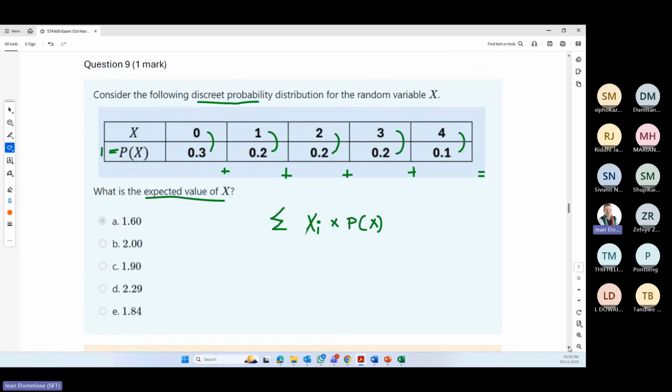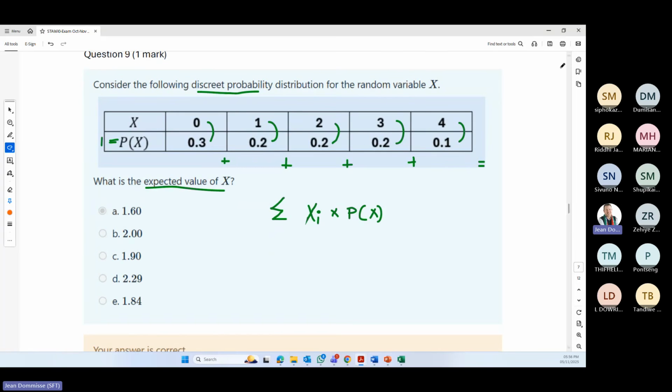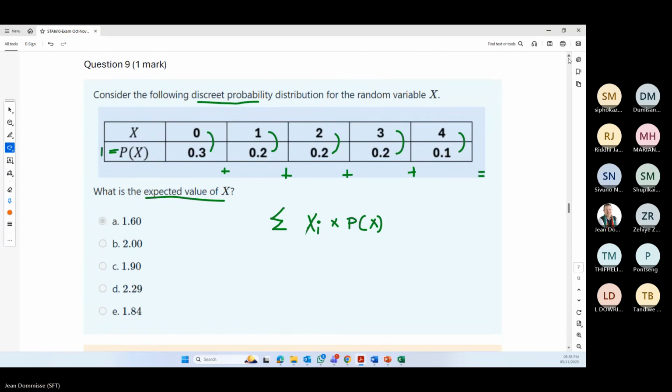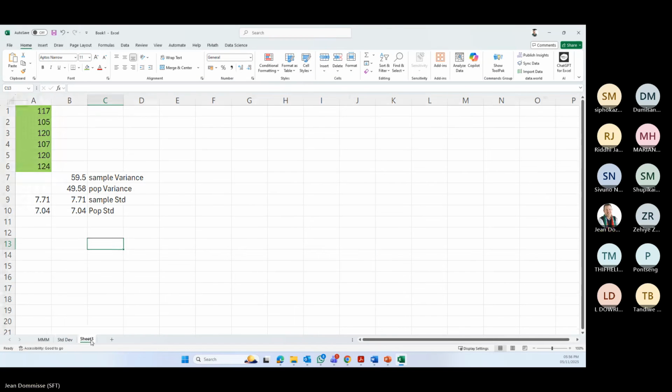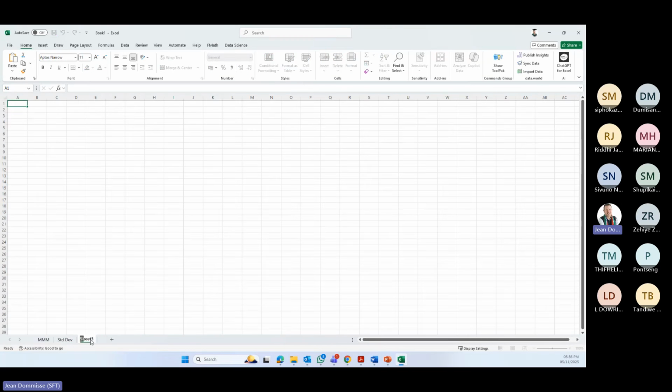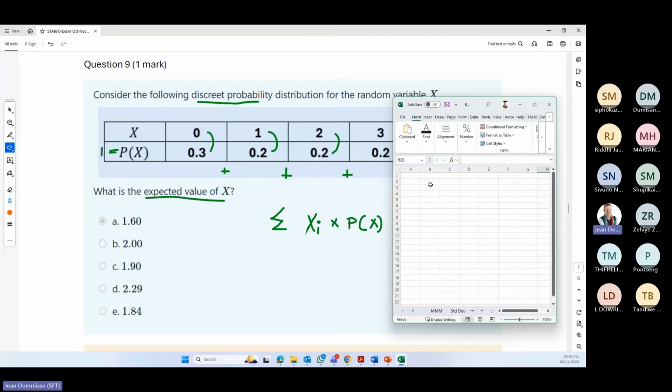Again, let's quickly go to Excel. There is no function in Excel to assist you with discrete probabilities.